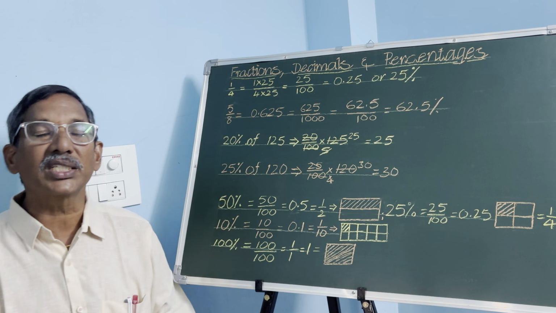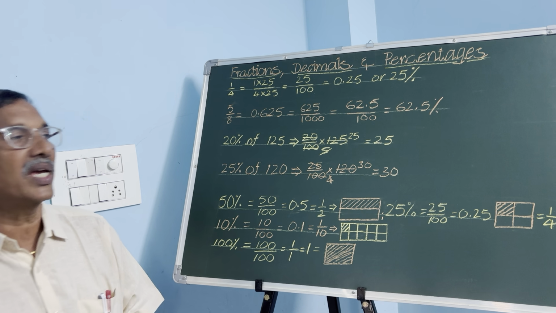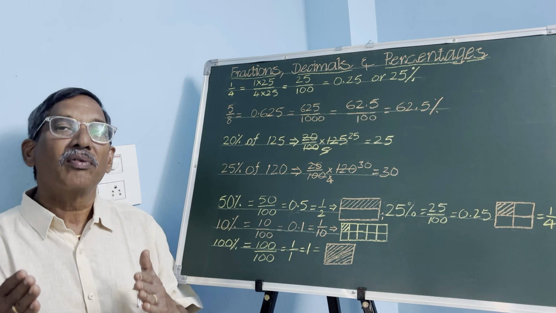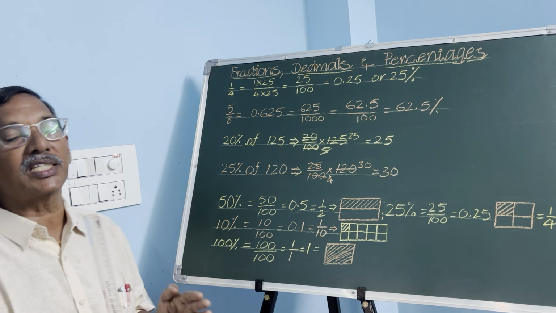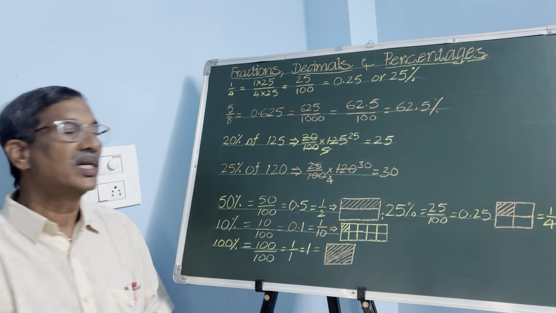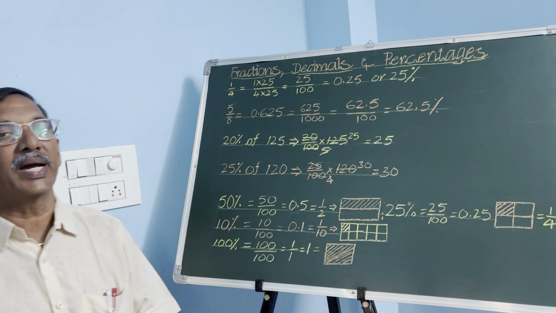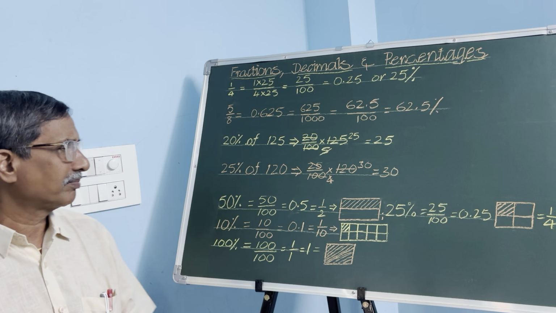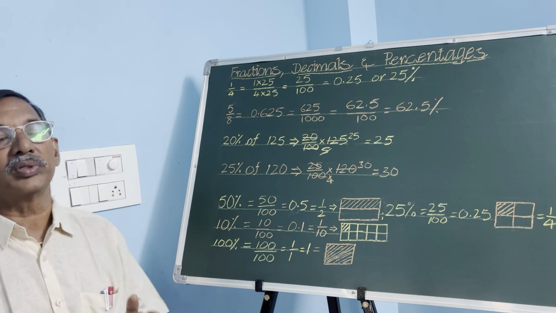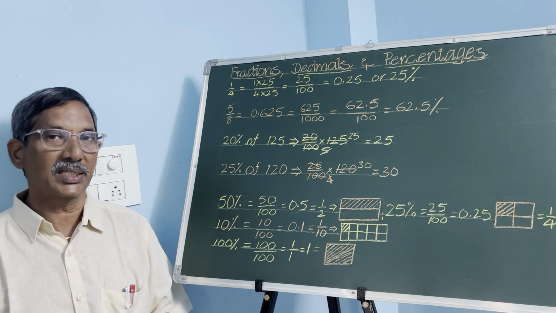So we know that 62.5 by 100, that is 62.5 per 100, using the symbol is 62.5%. Percent means by 100, per 100. Now we know the relation between normal fractions, decimal fractions, and percentages.